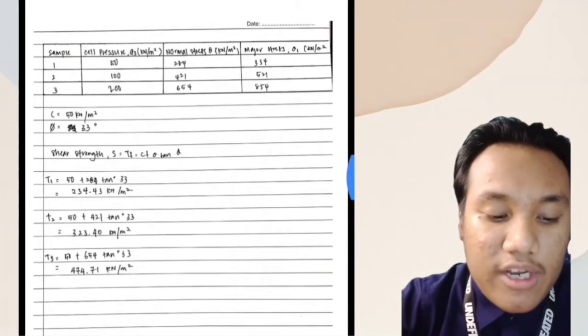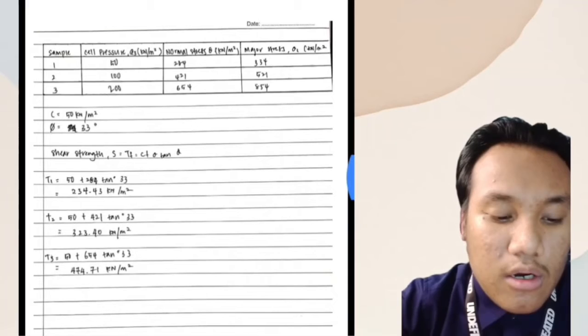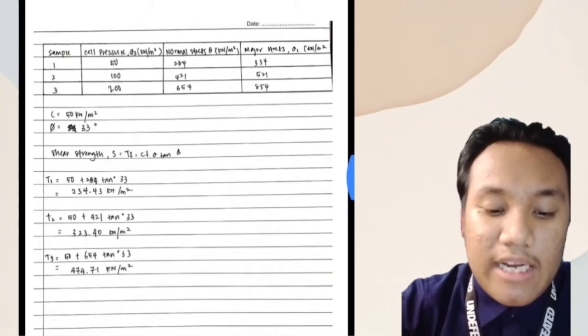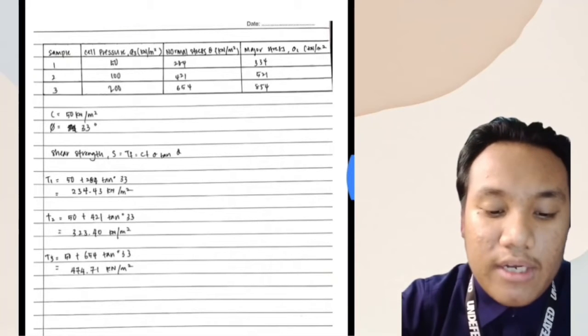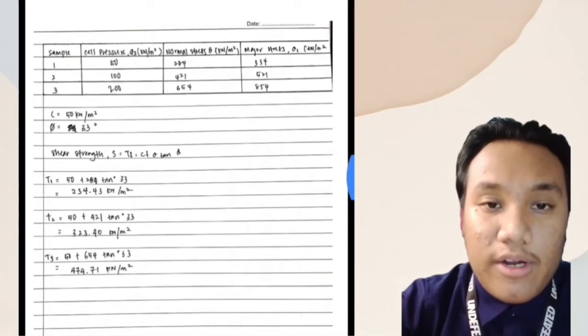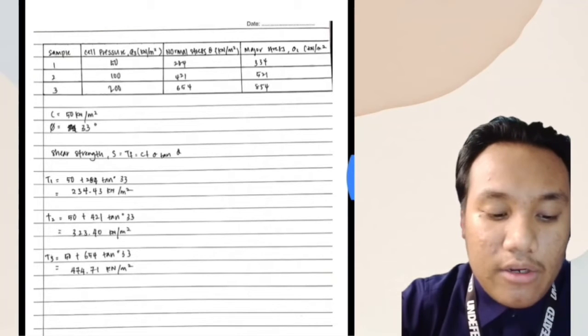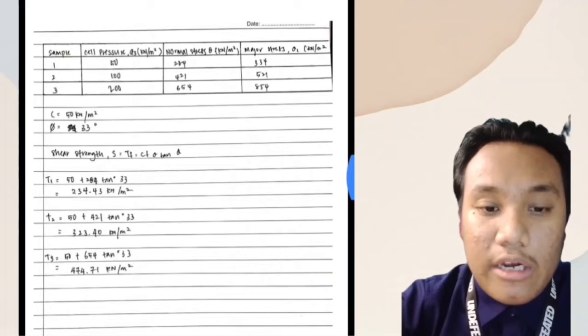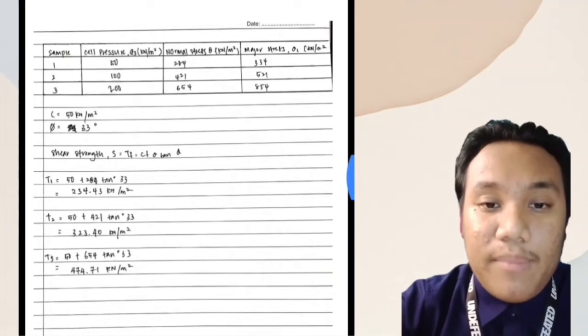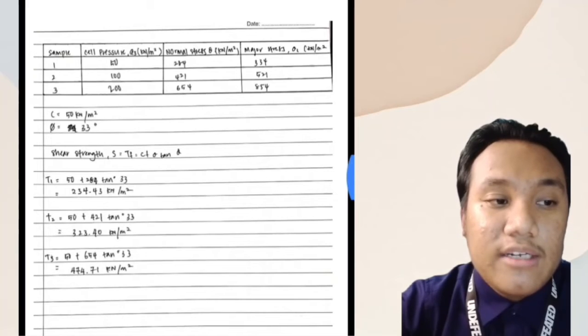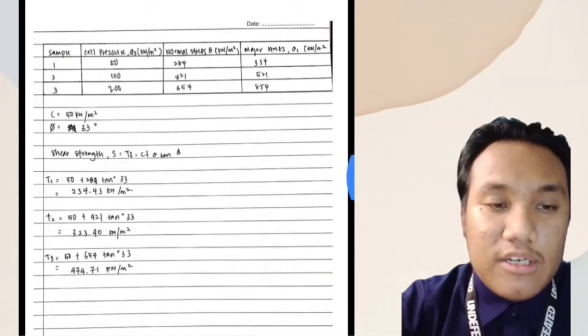The first value is 50, that is the cohesion, plus the normal stress, that is 284, times tan of the friction angle of soil, that is 33, and you will get 234.43 kilonewton per meter square. Keep repeating this whole process until you get 3 samples for the shear strength.